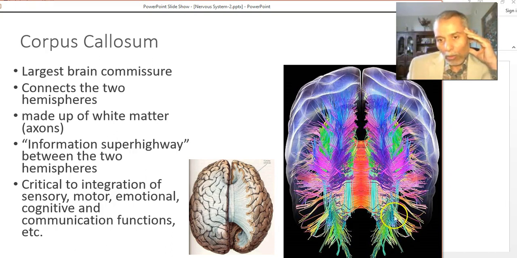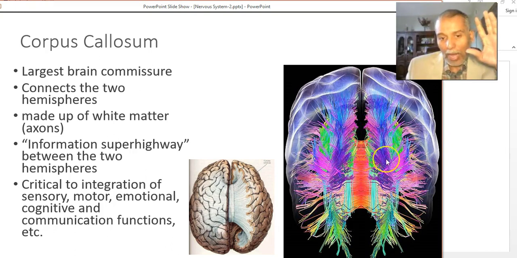Again, when you bundle all the input from one hemisphere, bring it all together and connect it with the input from the other hemisphere, then you have the corpus callosum. It's the superhighway of information that goes from left to right and right to left. And it is critical for the integration of information in the brain. The integration of motor information, sensory information, emotional information, cognitive, linguistic.